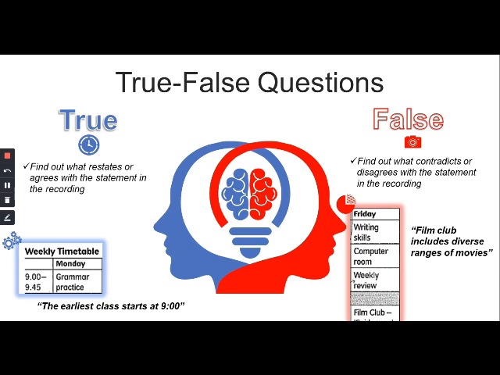Kemudian di soal misalkan munculnya Film Club includes diverse ranges of movies. Dia di soal tertulis klub film tersebut meliputi banyak sekali jenis film. That is not true. Okay, so this is actually false karena di tabel dia tertulis hanya satu film, and that is Spider-Man. So that is how we find out the answer to true, false questions.